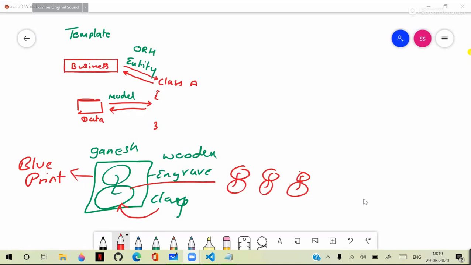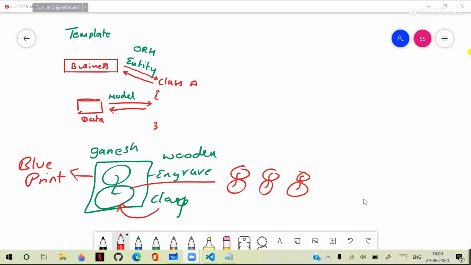So a class is technically a template, but at different instances it has different names according to the situation where they are using it and how they are using it. Some people call it a blueprint, some a model, some an entity.